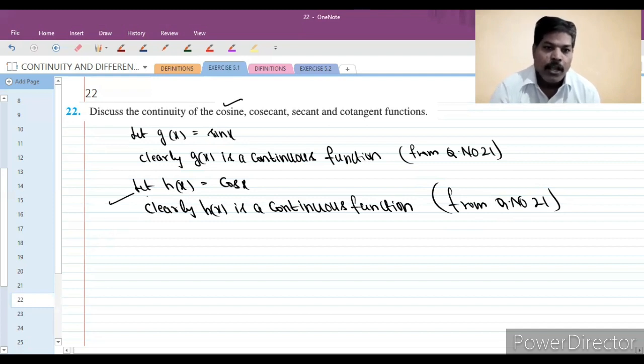Next one is the cosecant. What is cosecant x? First we have to write down the condition here.